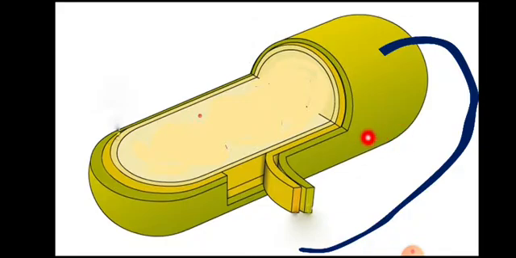Such types of bacteria are classified under Mycoplasma. They contain only the cell membrane as the outermost layer. Such cell wall lacking bacteria are called Mycoplasma. Again it should be remembered that not all bacteria contain a cell wall.